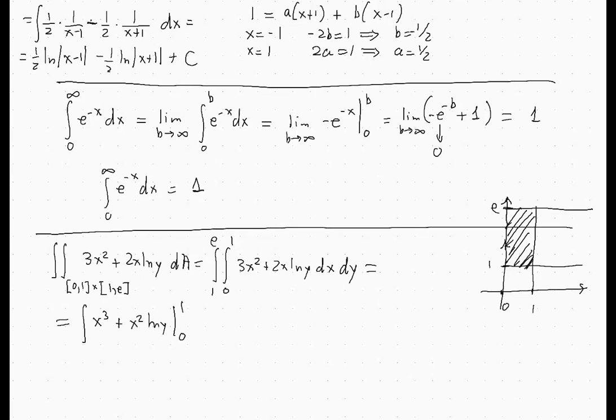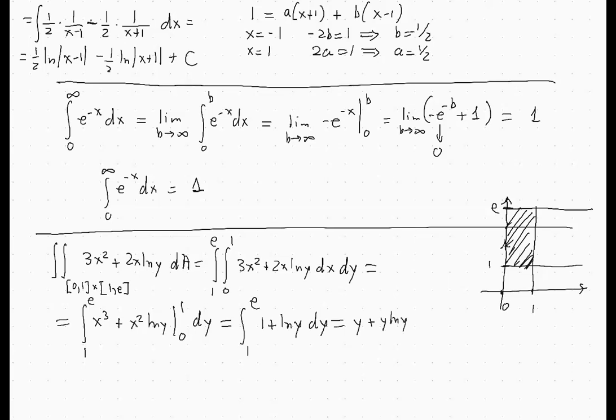So if you plug in, then you will get the integral of 1 plus ln y dy. And the antiderivative of this will be y plus the antiderivative of ln y, which is y ln y minus y, and you want to go from 1 to e.